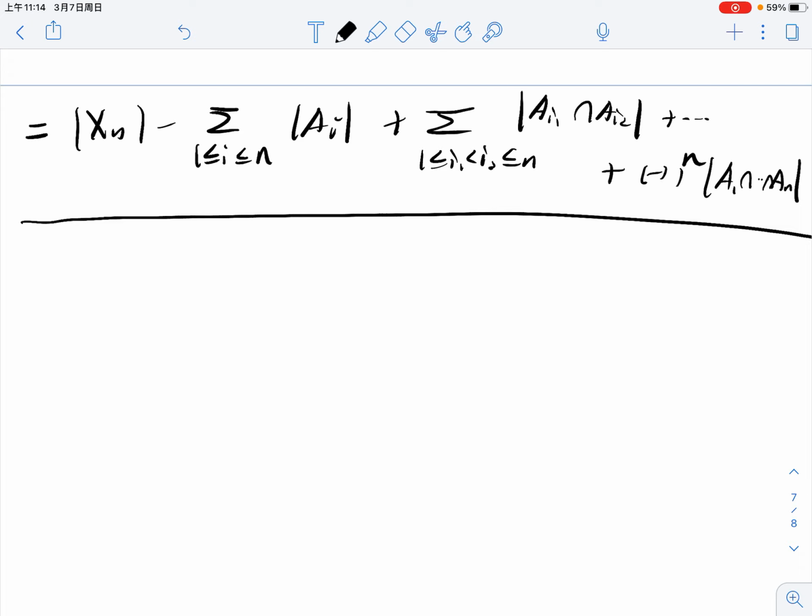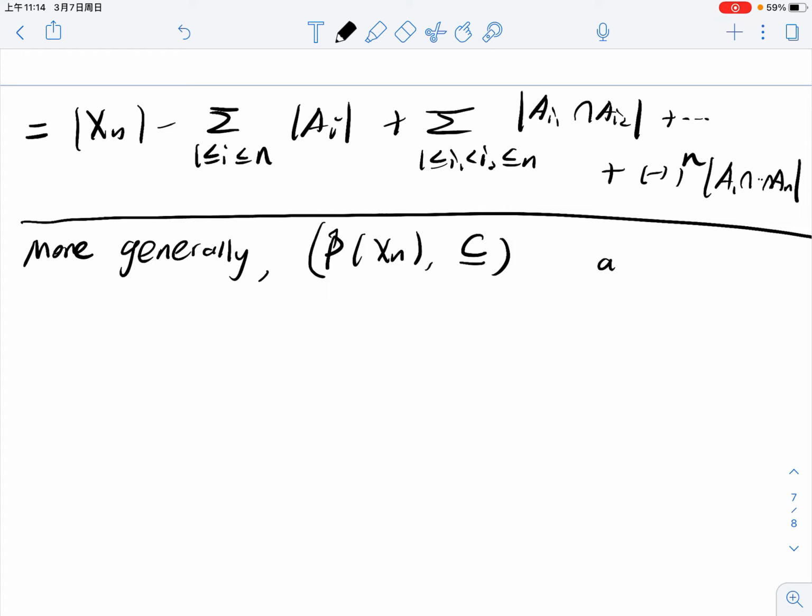Okay, and so we find that this is a very useful formula. Then we would like to generalize it to any finite partially ordered set.